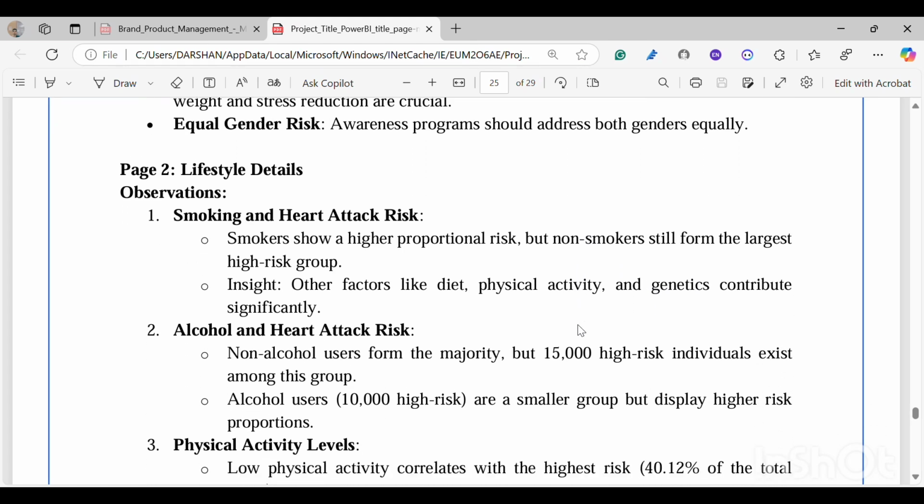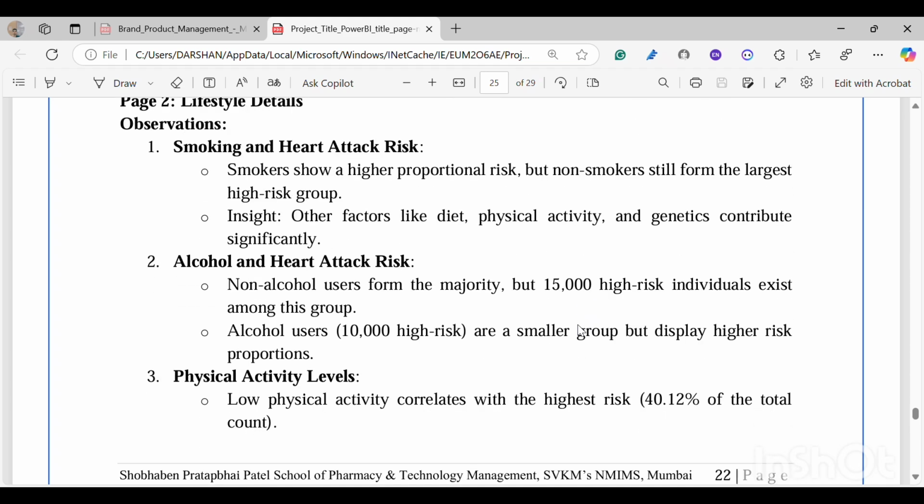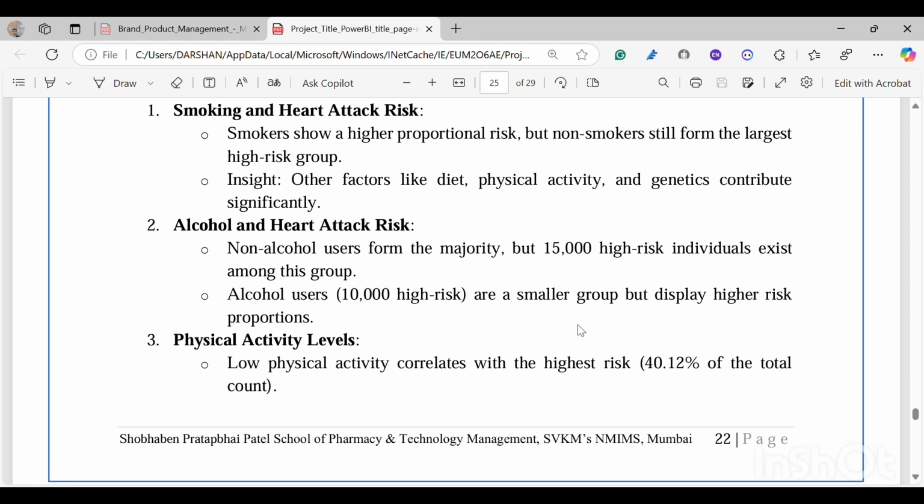Then the lifestyle: smokers have probably a higher proportion of risk, but non-smokers still have the largest risk proportion. The non-alcohol users form the majority, but 15,000 high-risk individuals exist among this group.